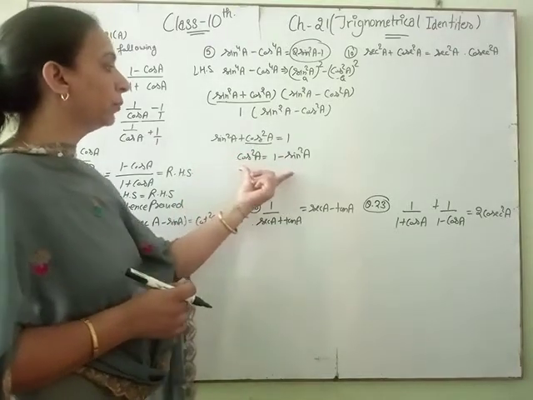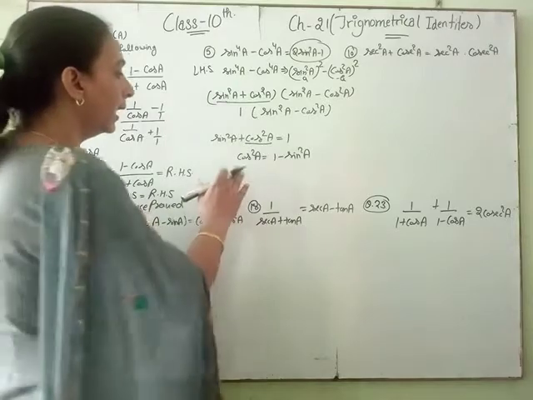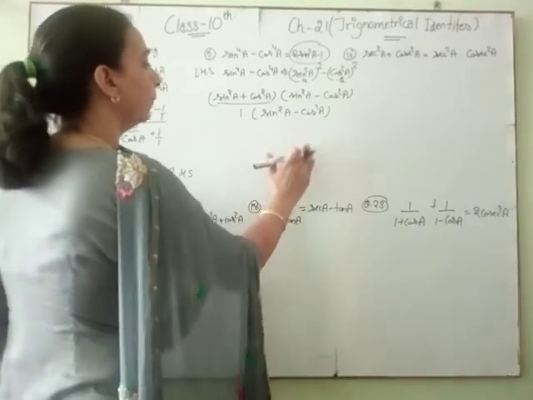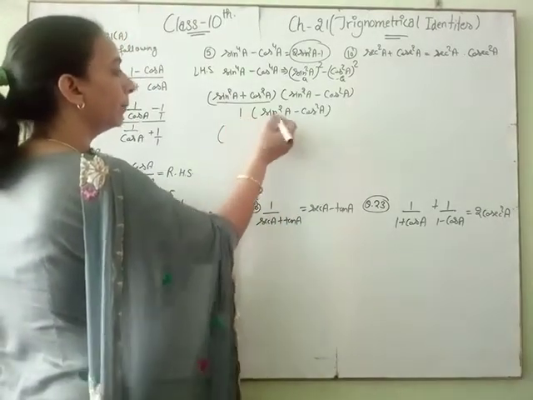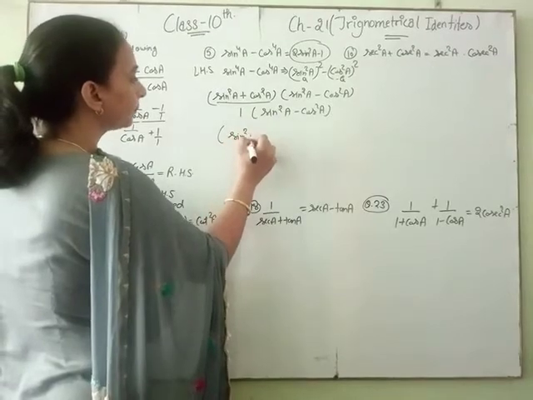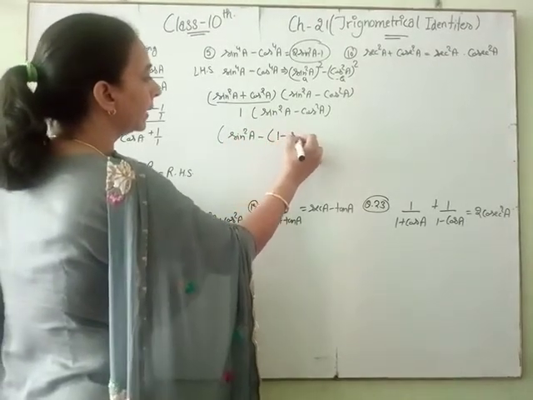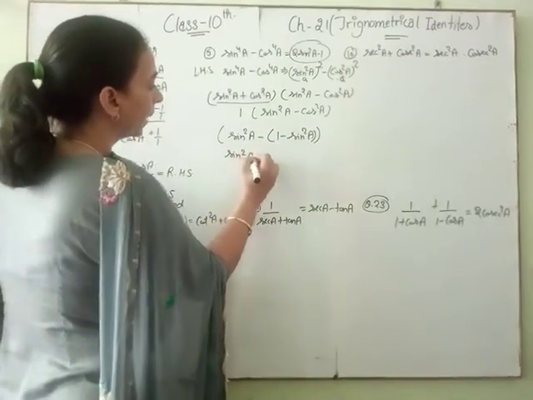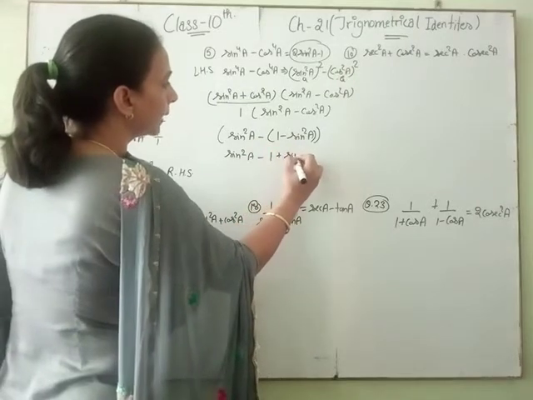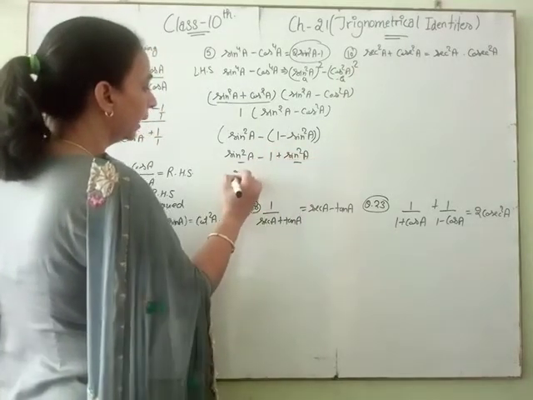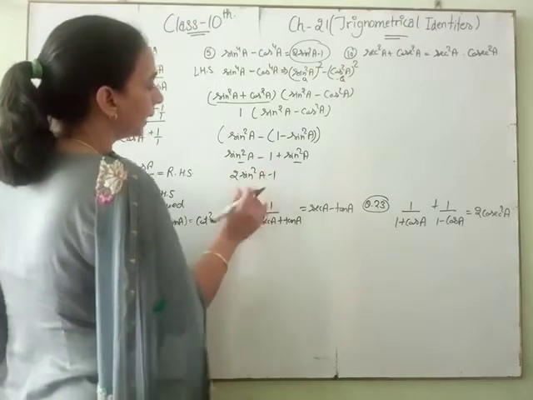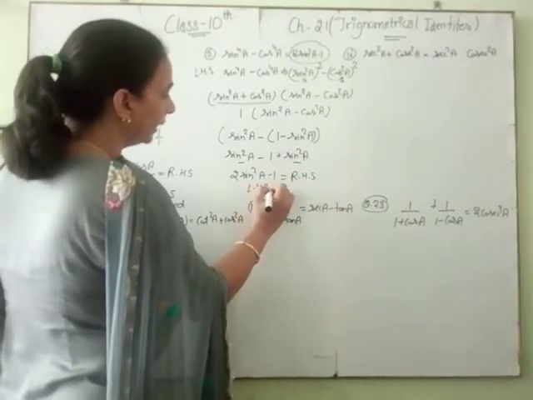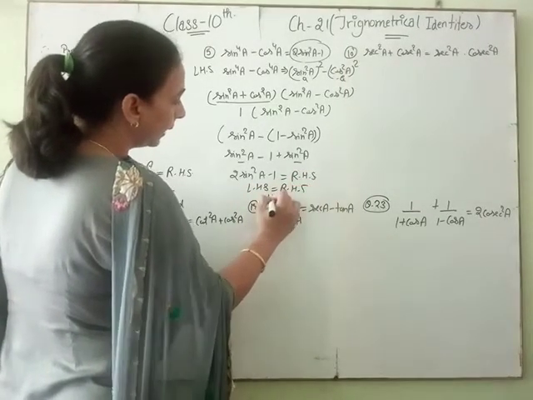In most places we use this type of result. So you put in place of cos square a, 1 minus sin square a. Then sin square a as it is, minus 1 minus sin square a, which is sin square a minus 1 plus sin square a. This is 2 sin square a minus 1, equal to the right hand side. Left hand side equals right hand side.